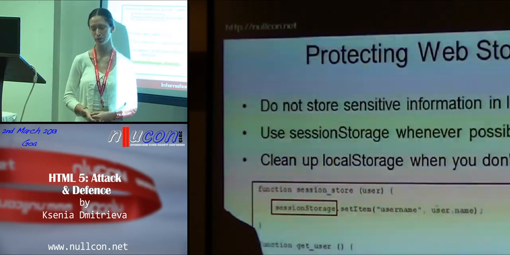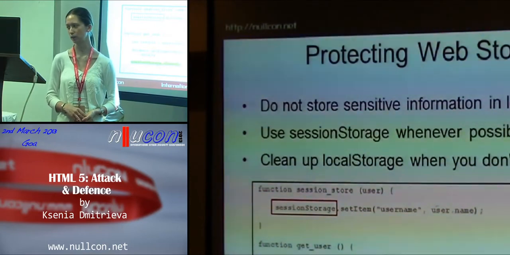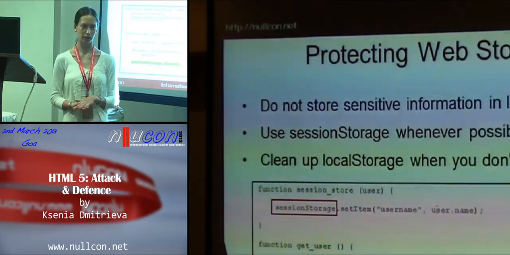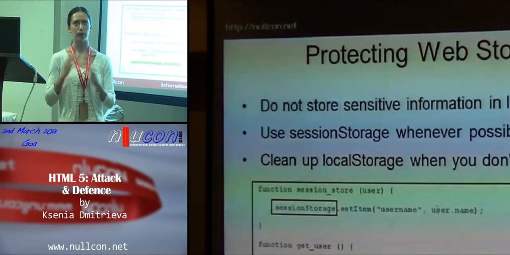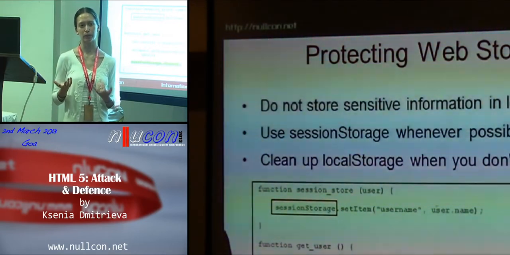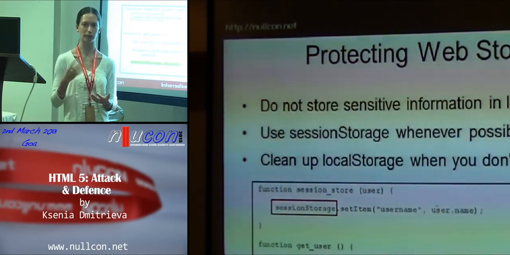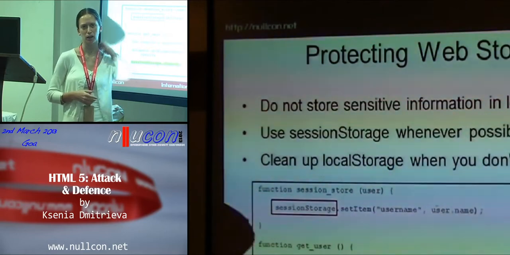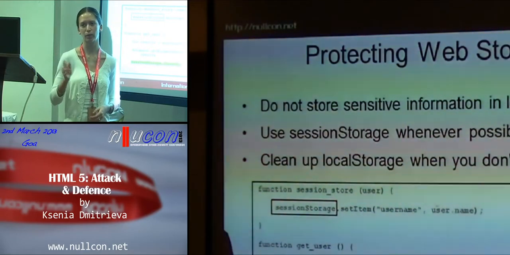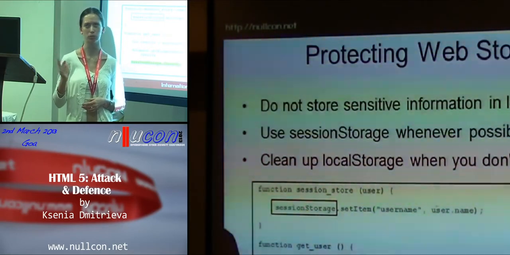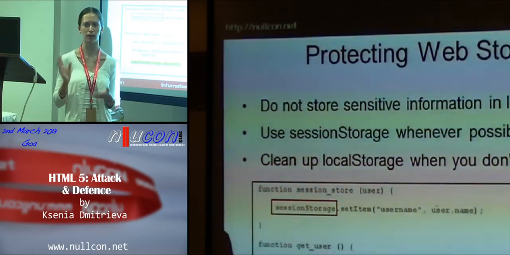Interestingly enough, just today I read an article on the internet that there was another vulnerability discovered with local storage and session storage. Browser implementations set a certain space limit on how much information each website can store. I think Chrome has like 5 megabytes, Opera has 7 megabytes, and IE allows 10 megabytes.